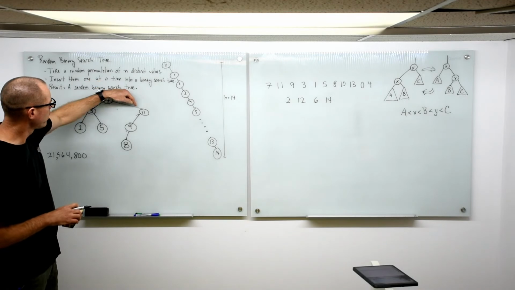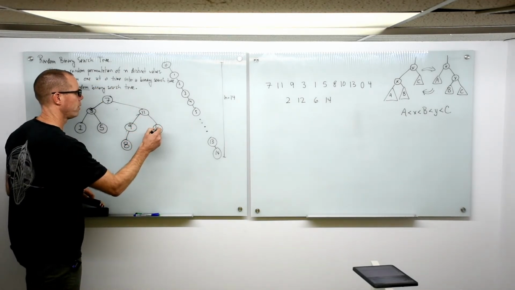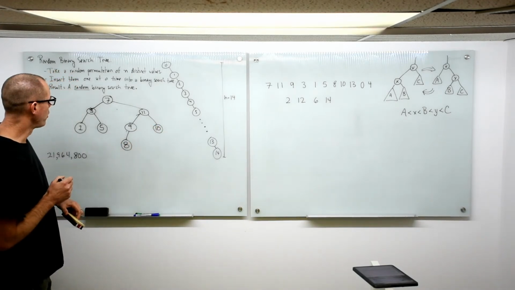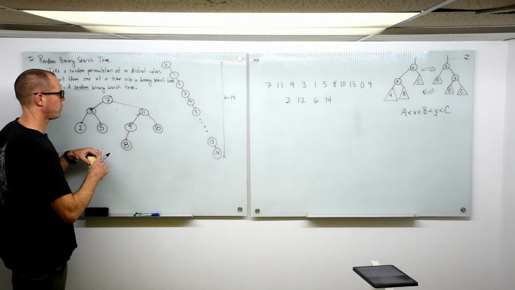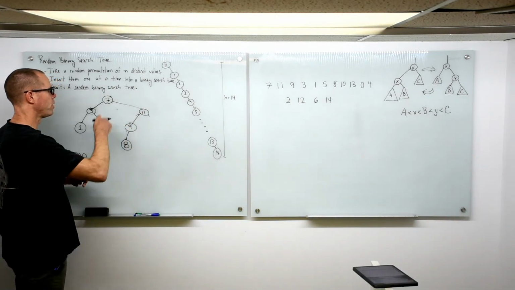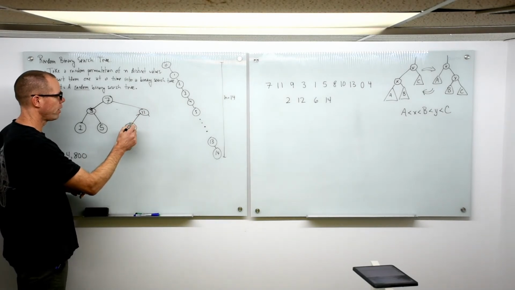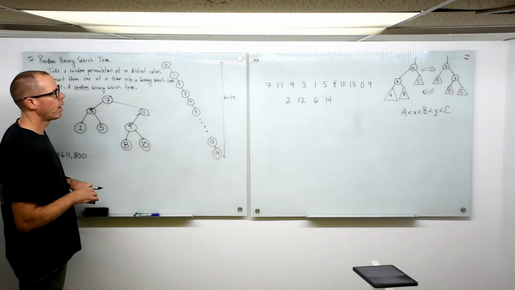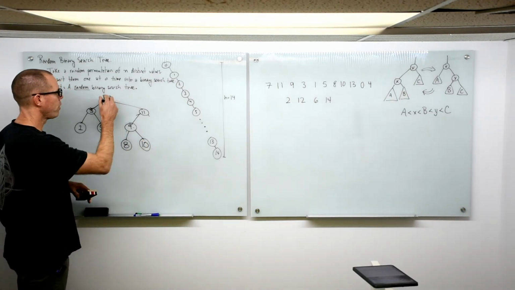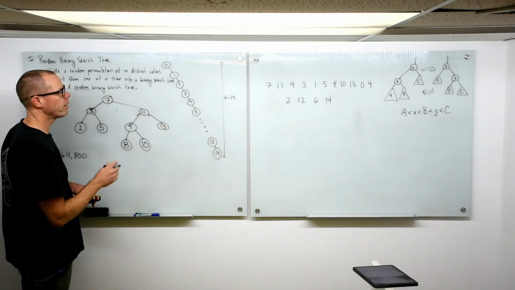We go from 7 to 11, and then we fall out here at 10. 10, of course, is smaller than 11, so we go left at 11, and it's larger than 9, so we go right. Next up is 13. 13 is larger than 11, so that's where we put it.